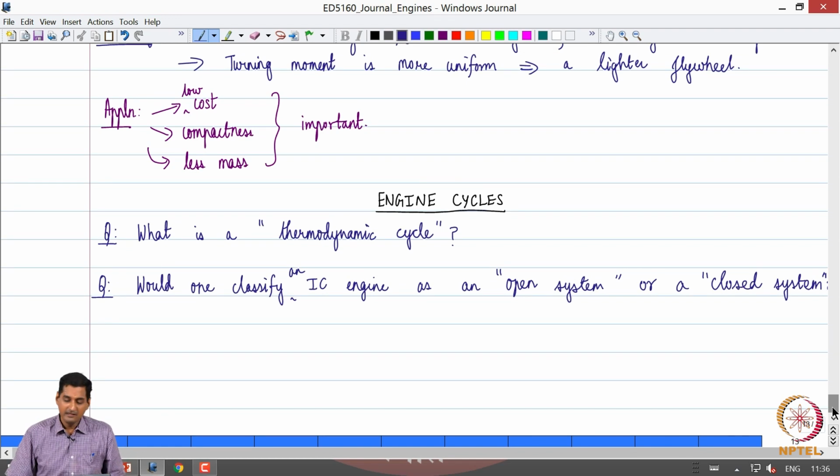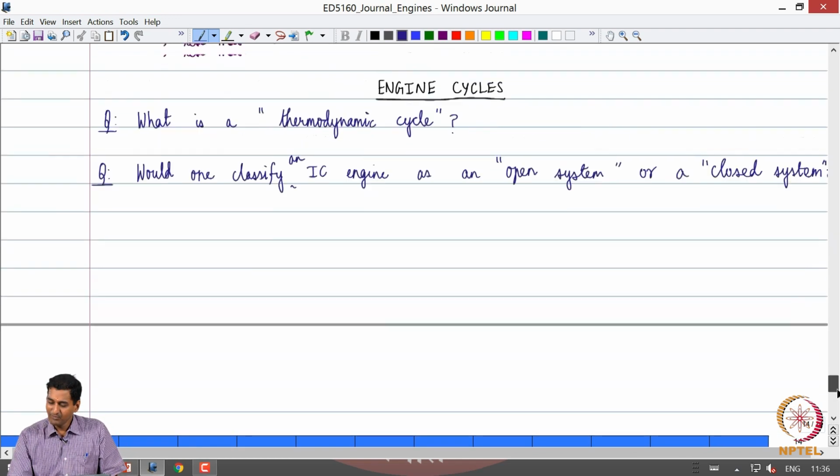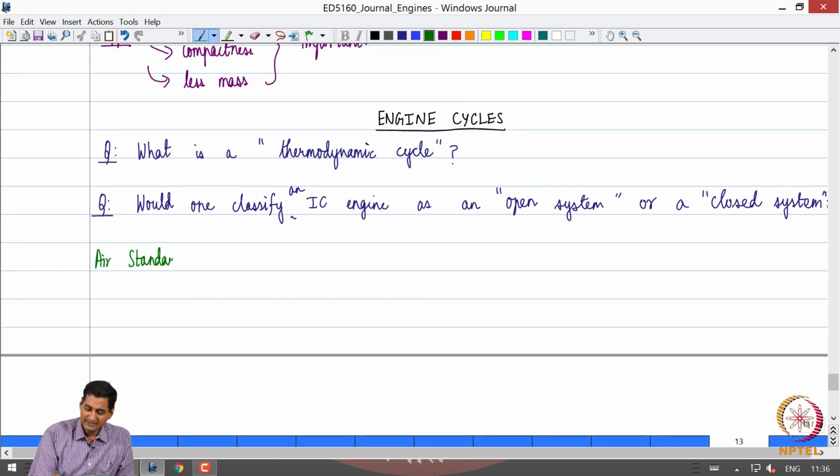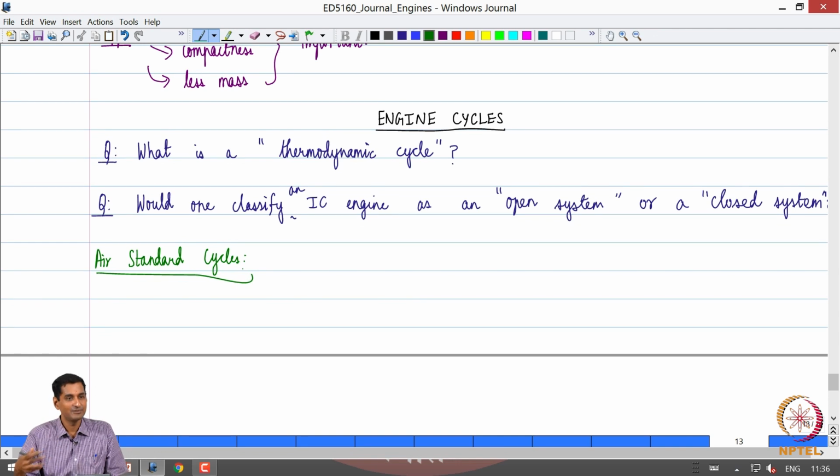Okay. So, we are going to look at one important class of cycles, which is what is called an air standard cycle, and which is what we can reasonably do by using a pen and paper. If you want to get some insights into engine performance and so on, what we typically do is look at what are called air standard cycles.